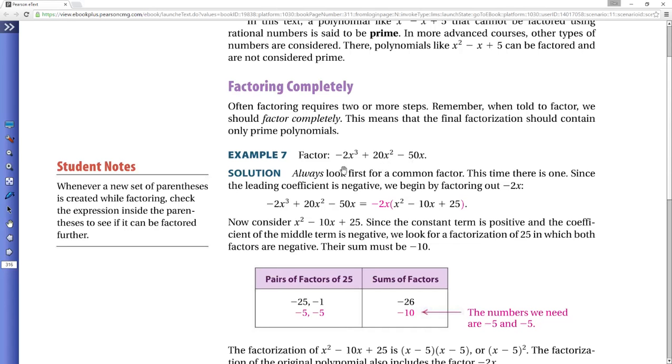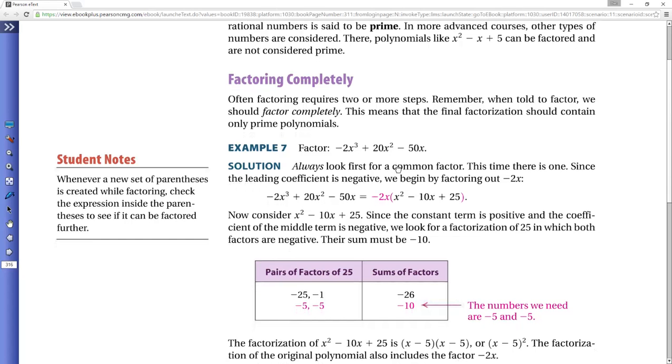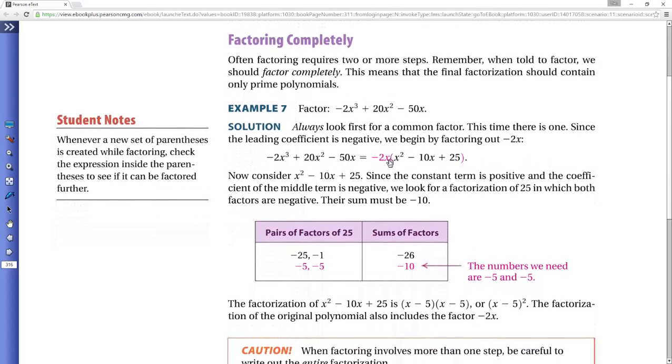Like in this case, I have these terms here, and it really jumps out at you: hey, I have an x that's common in all of these. Do I have anything else? Well, there's actually a 2 in each one of these too. So I can factor out a negative, and also it's nice, well, it's more than nice, it really reduces complexity to make sure the first term of that trinomial is positive.